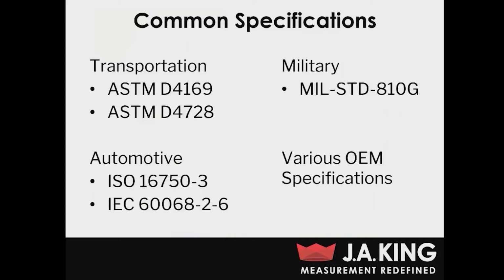So I also just want to list a few common specifications that we run into a lot for both vibration and shock testing. For transportation, you'll see I've pointed out a couple different ASTM specifications. Both of these we run into quite a bit, and they're both very useful because they give different profiles based on the method of transportation, whether it be air, ship, or truck transportation.